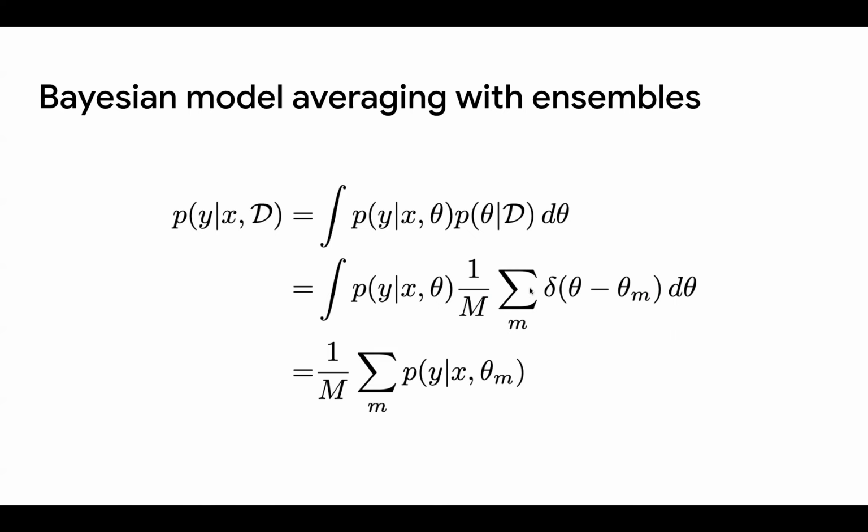Okay, and so this delta goes away as a result, and we don't have any integral anymore, but the summation and averaging remains and goes outside, and you can replace theta with theta_m, and eventually what you get is the average of the outputs from individual models. Okay.